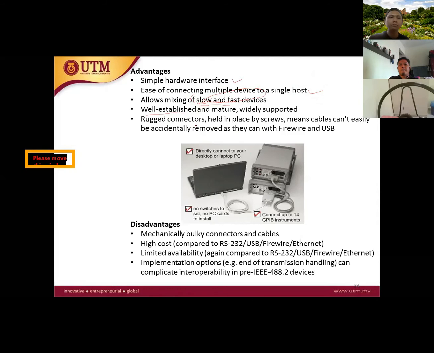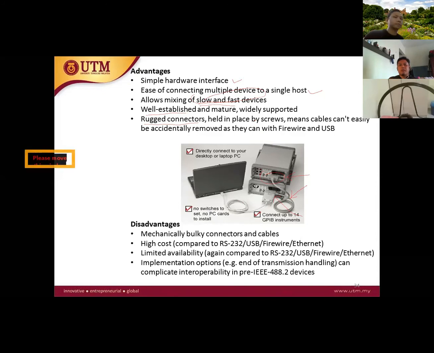It has a very strong connector, which can be mounted on the back of the equipment.